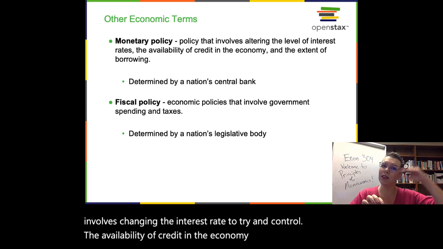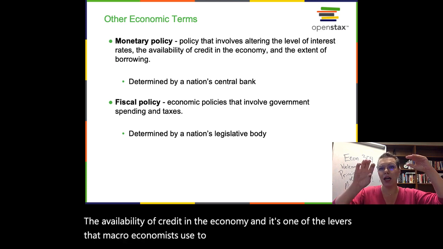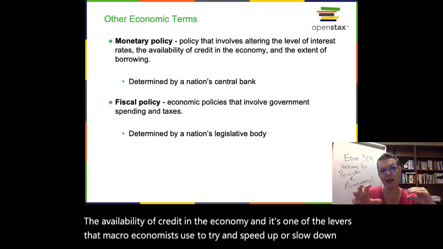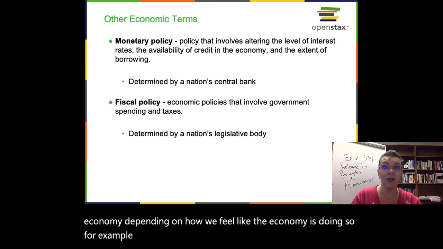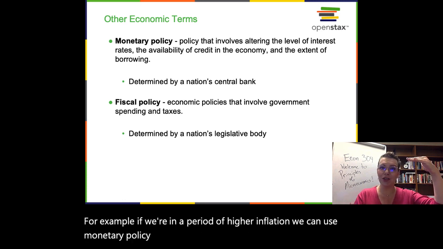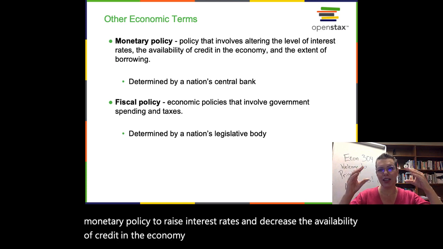It's one of the levers that macroeconomists use to try and speed up or slow down the economy, depending on how we feel like the economy is doing. So, for example, if we're in a period of higher inflation, we can use monetary policy to raise interest rates and decrease the availability of credit in the economy to try and slow the economy down.